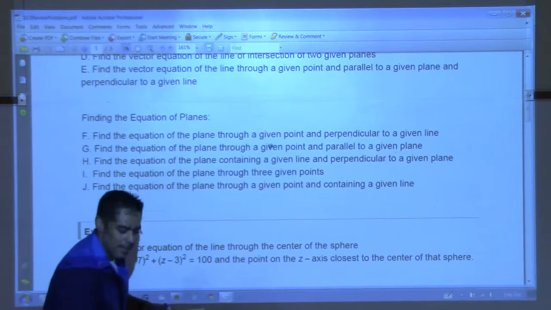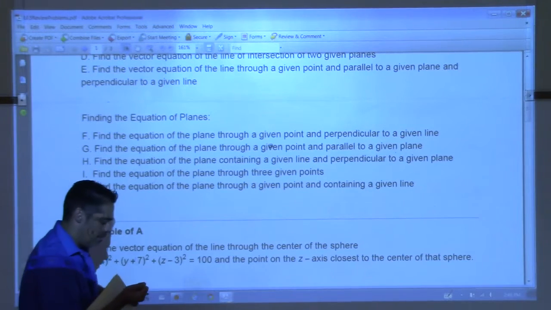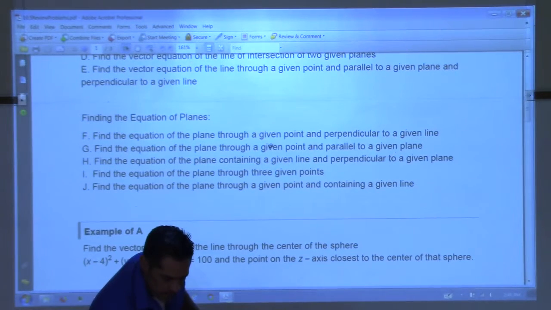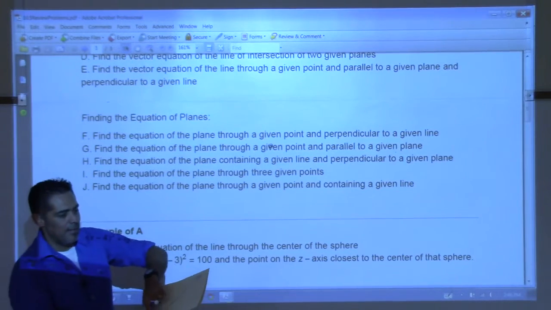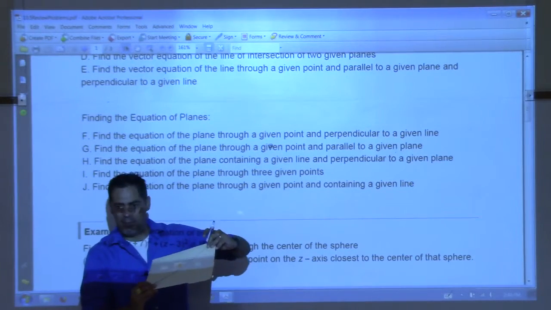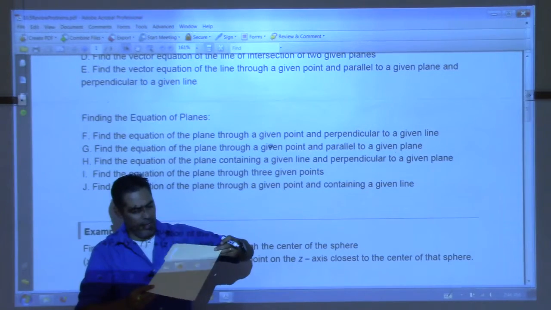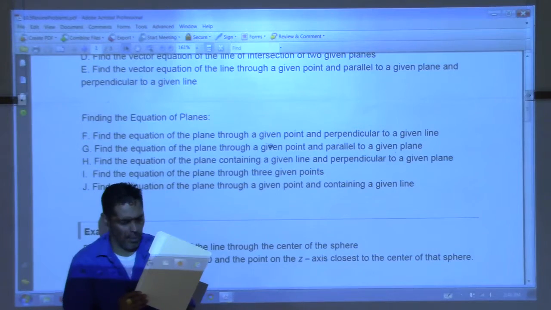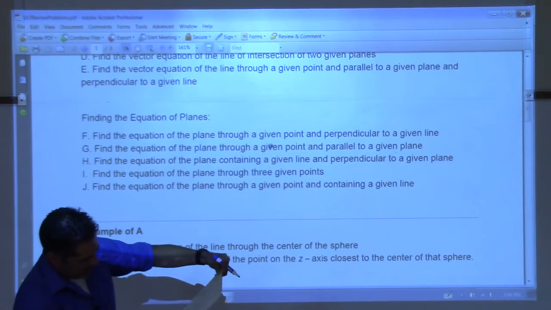So now, let's say there's this plane on the ground, and let's put its normal vector here. So that's given. The line is given, and you're trying to figure out the plane that contains that line, but at the same time is what? Perpendicular to that? So how am I going to do that?